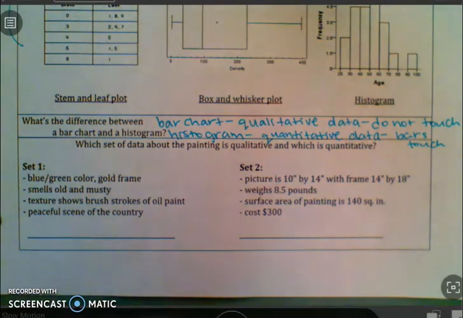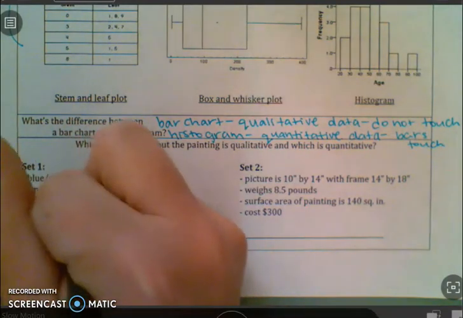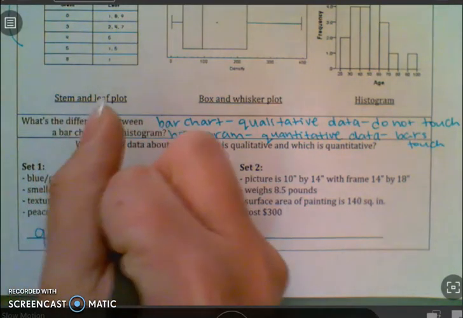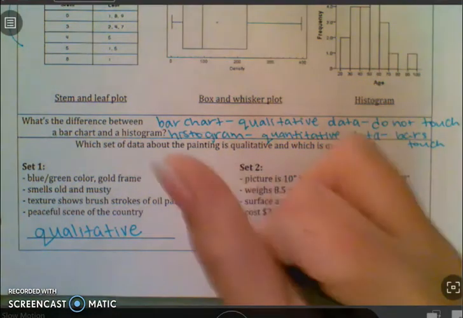Well, it deals with describing it, so that's going to be qualitative. Okay, set two. Picture is 10 by 14 with a frame that's 14 by 18. It weighs 8.5 pounds. The surface area of the painting is 140 square inches, and it costs $300. All of that has to do with quantities, it's measurements, so that's going to be quantitative.